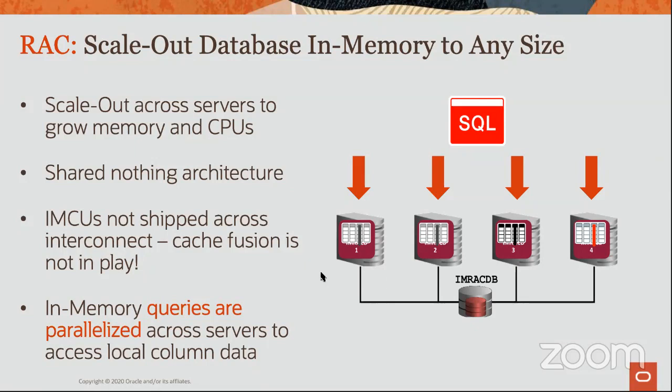Since we're allocating the column store, we're populating objects in that column store, you're limited by the amount of memory you have on a single database server. You can only put so much memory in a server. So how do you handle it if you've maxed it out? How do you make an even larger column store? Well, you can add RAC, and that way each of your instances within a RAC cluster can have its own individual column store.